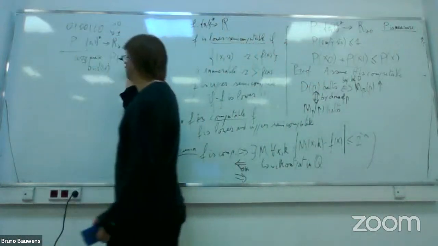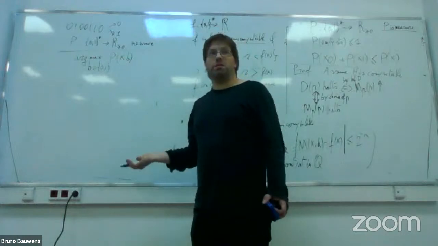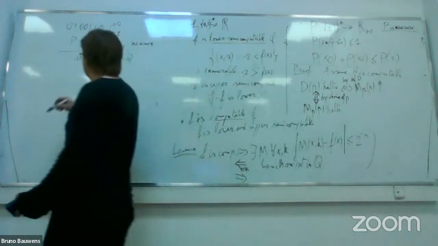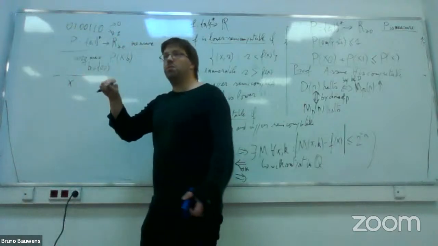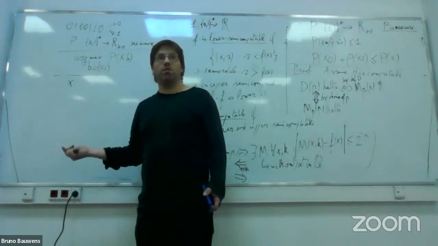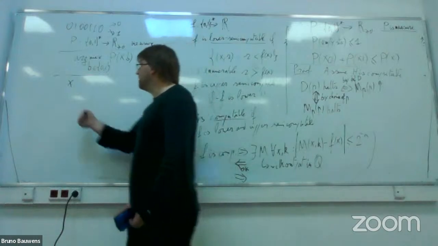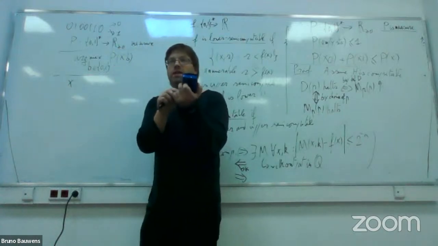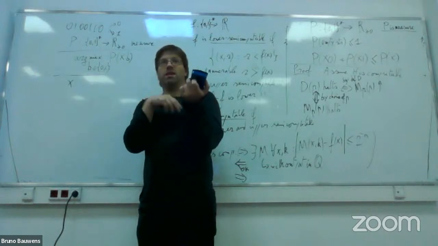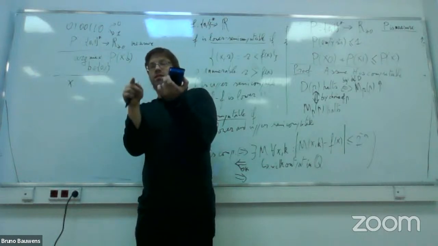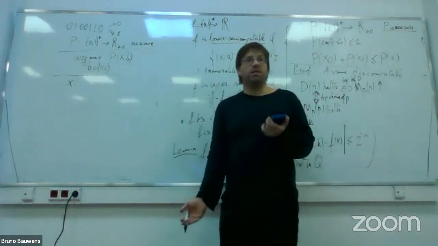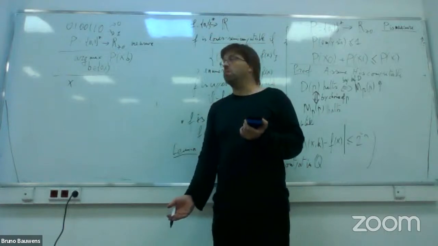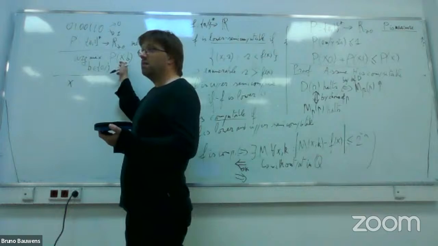Now I claim that the maximum number of mistakes is the binary logarithm of 1 over P(x). Let us have a string x, predict subsequent bits, and ask what is the maximum number of mistakes that we make. In the beginning we have the empty string, and we need to predict the first bit of x. Then we predict the second bit, the third bit, and so on. What is the maximal number of mistakes that we will make if we use this strategy?